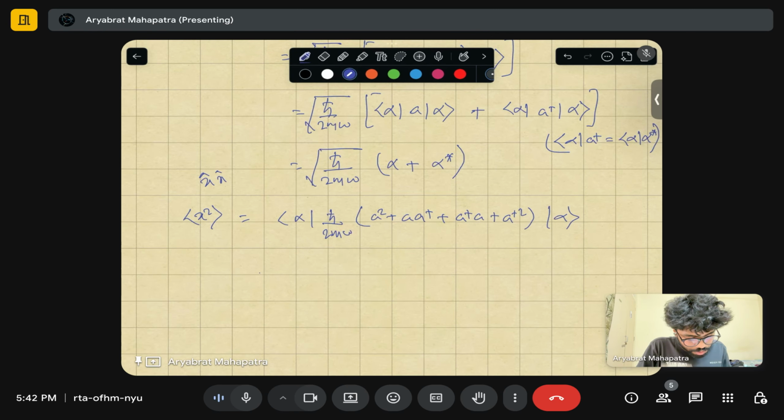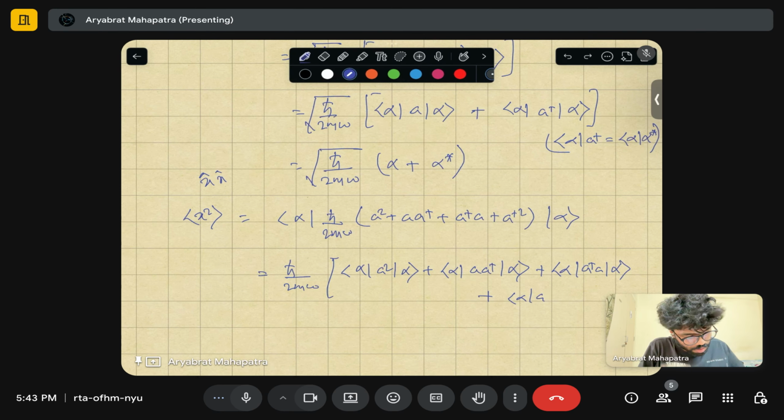Then this will give you h bar over 2m omega, alpha a square alpha plus alpha a a dagger alpha plus alpha a dagger a alpha plus alpha a dagger square alpha.